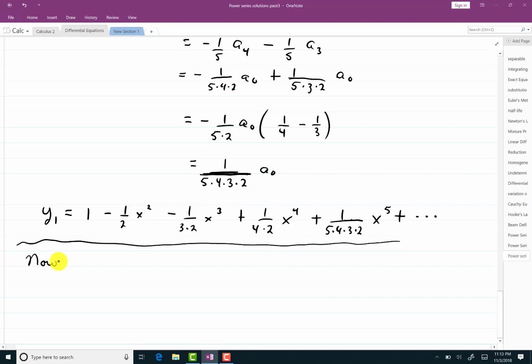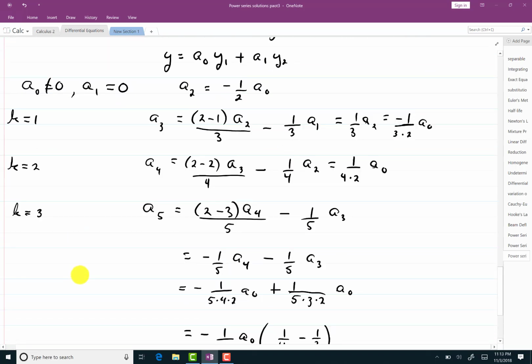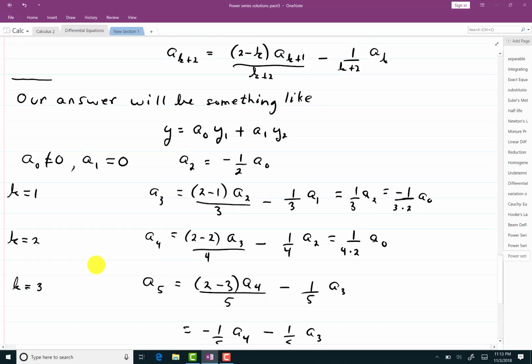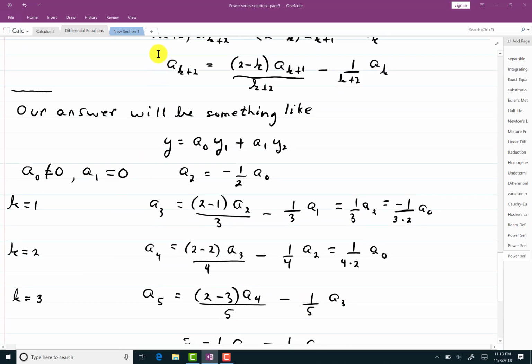Now set a sub 0 equal to 0, but a sub 1 we will let hang around. And now we'll redo the process, and that will give me my y sub 2. So what I'm going to need again is this here. Let me grab it.